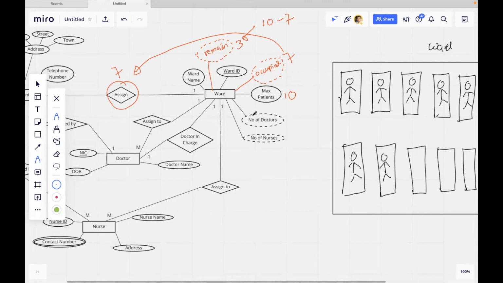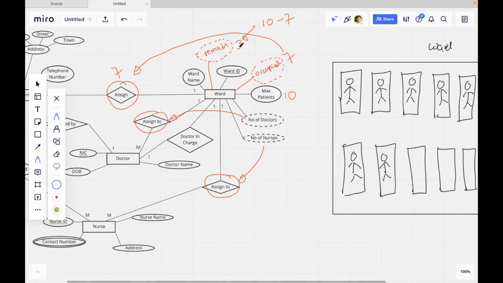Likewise, the number of doctors. How many doctors there are can be calculated from this assigned relationship. That means 5 or 10 or however many. And how many nurses are available can be calculated from here. Number of nurses. That is why those things are derived. You can get the number of doctors directly from here. Occupied you can directly get from here.